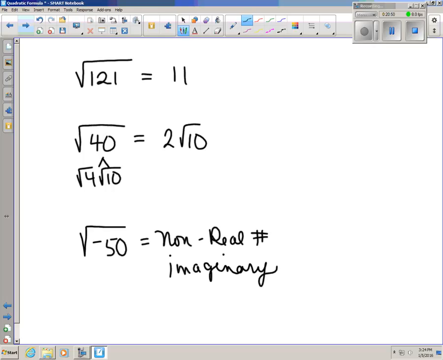And graphically, what that means is if you were to put the original quadratic equation into the calculator, you would have no points of intersection with the x-axis. So graphically or picture-wise, that's what that would mean. Okay, so know the difference between getting a real number, getting an irrational number, and getting a non-real imaginary number.